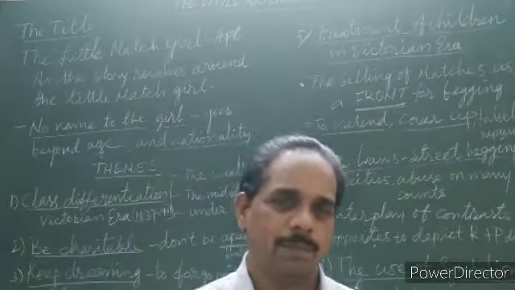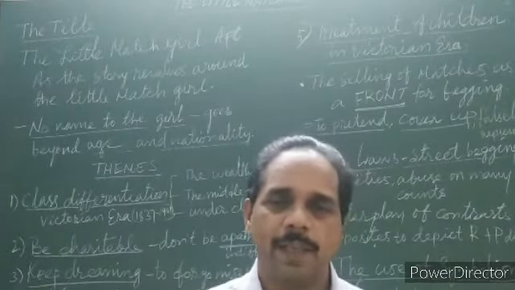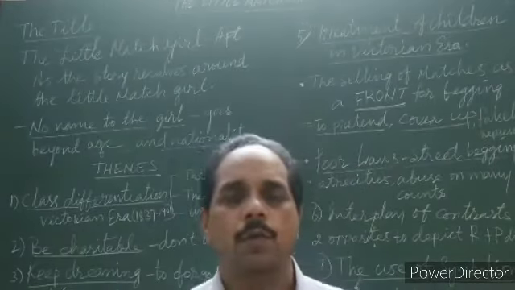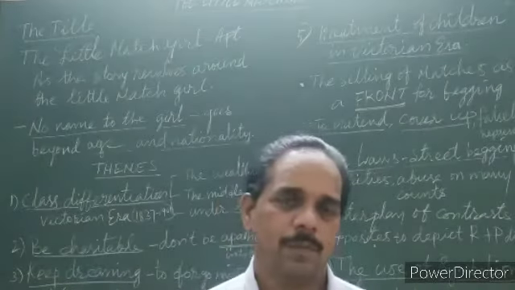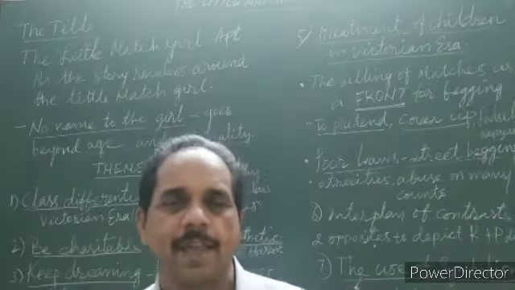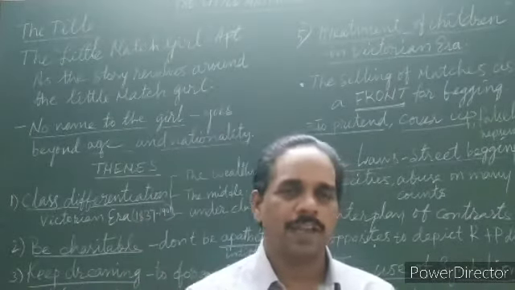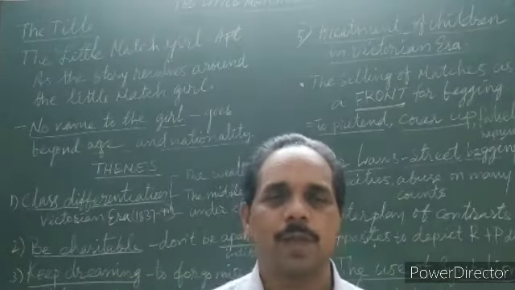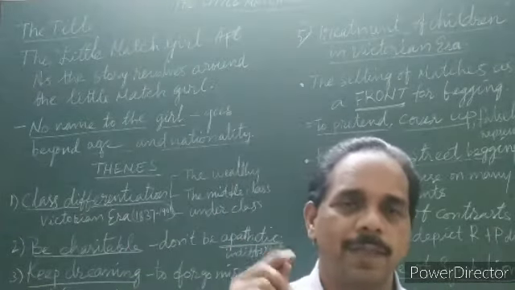It could be anybody, not a particular child, any child who is orphaned, who is abused, who is put to difficulty. So it goes beyond age and nationality. It is not a girl from Denmark, it could be anybody from any part of the world. So, universal appeal.